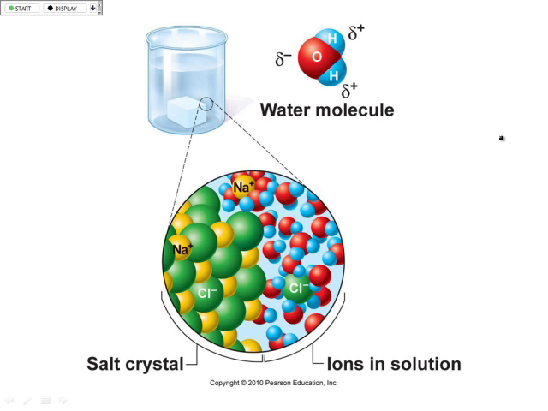Does anybody know what the definition of an acid is? A solution that has a high concentration of, or a higher concentration of, hydrogen ions in solution. So look at that little beaker over there.